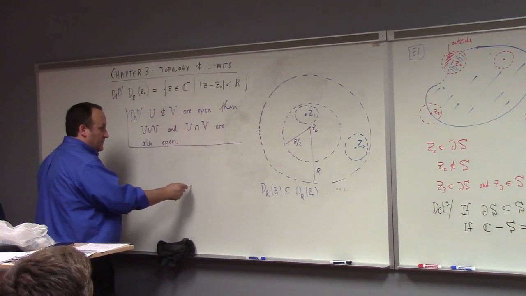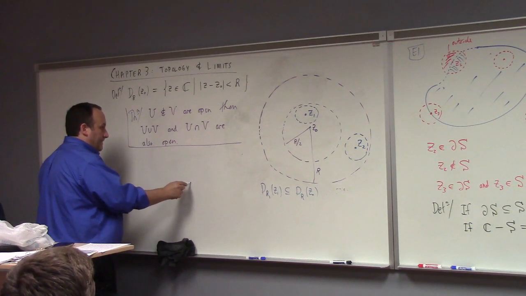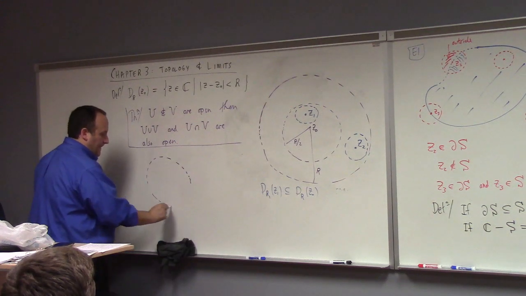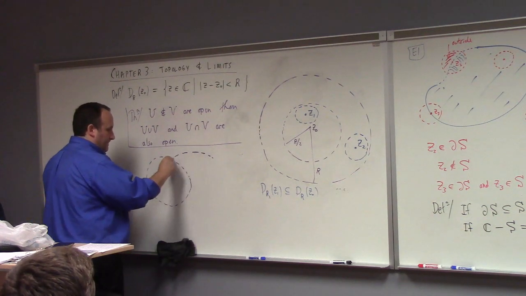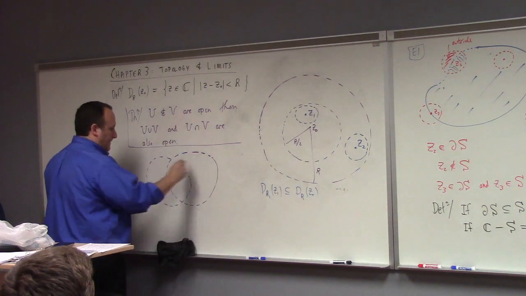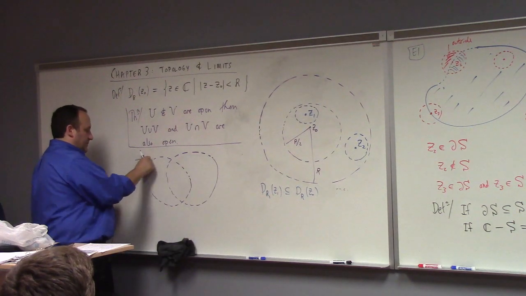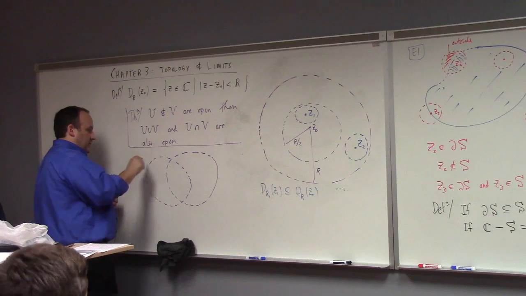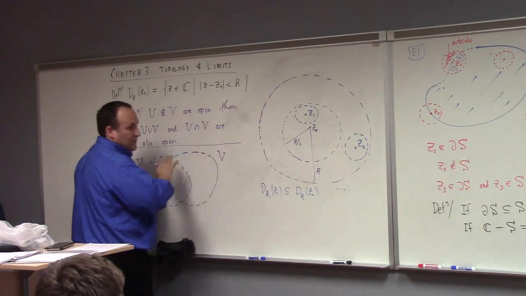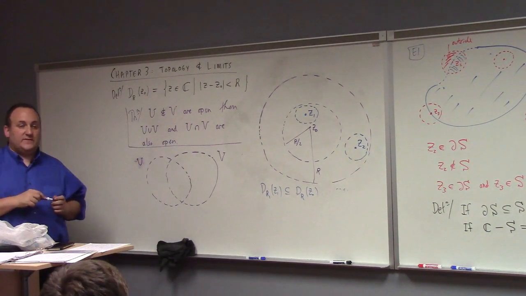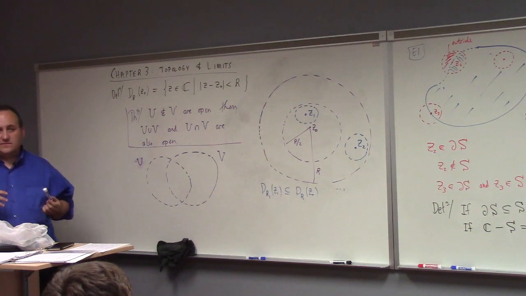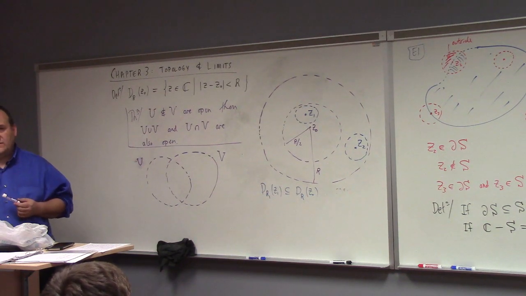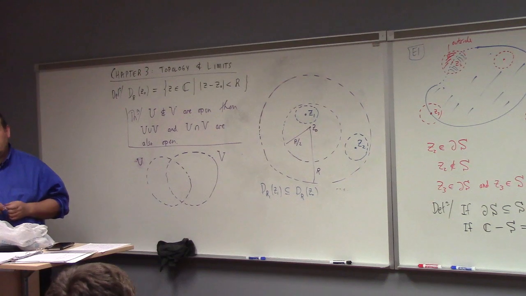So if this is U, right? And this is V. Suppose they're both open. First of all, if they don't intersect at all, the empty set is open.